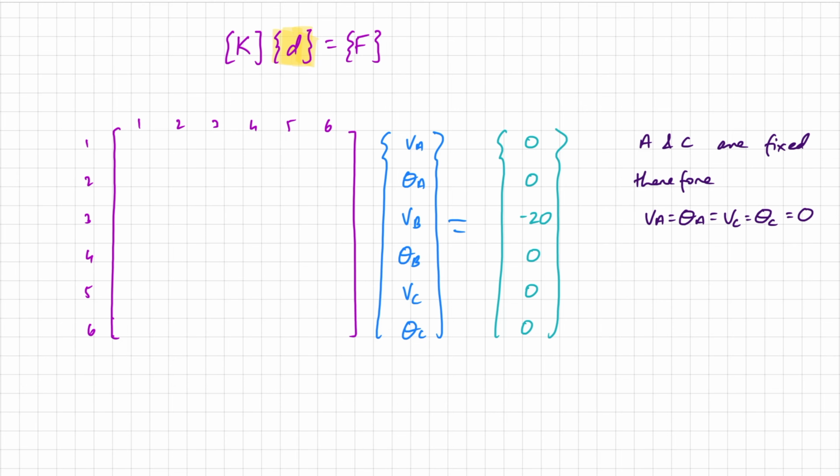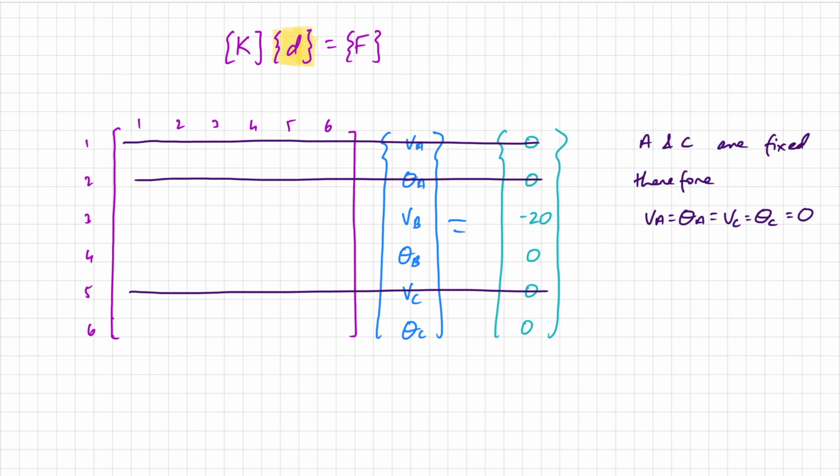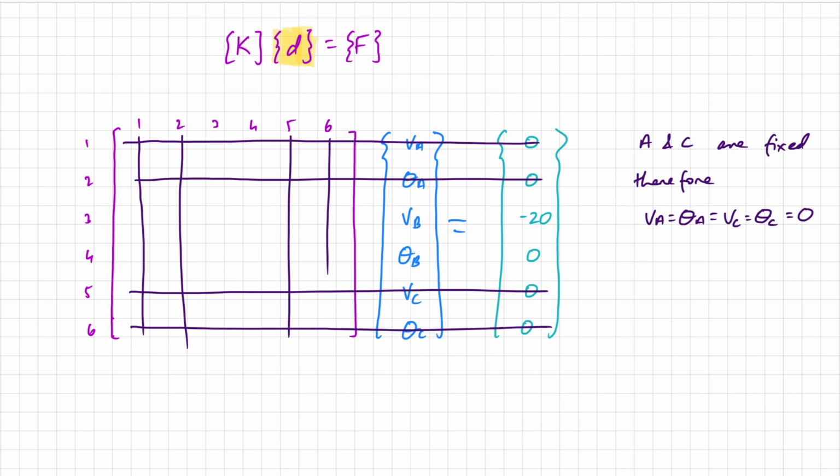That means that I can eliminate those degrees of freedom, the corresponding rows and the corresponding columns, from my calculations because they're just going to give me zeros. So taking out rows 1, 2, 5 and 6, and then the corresponding columns, 1, 2, 5 and 6, this leaves me with what I need to solve.